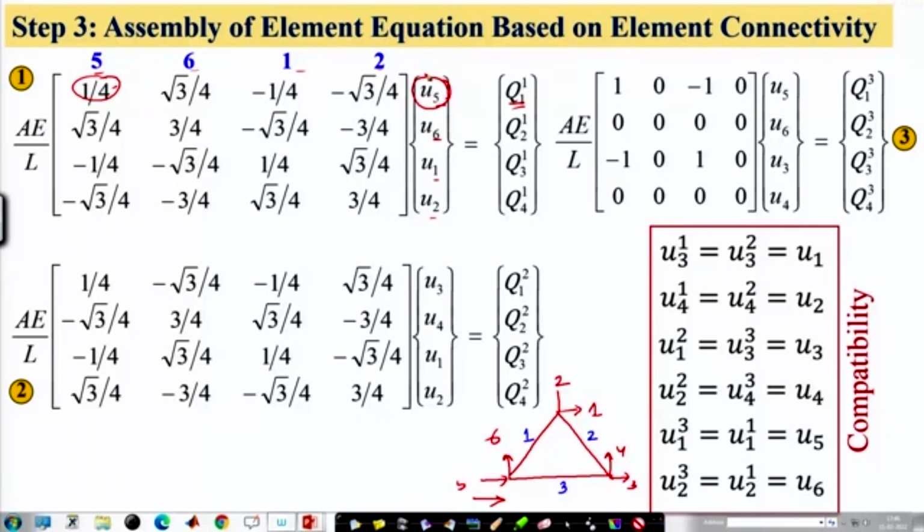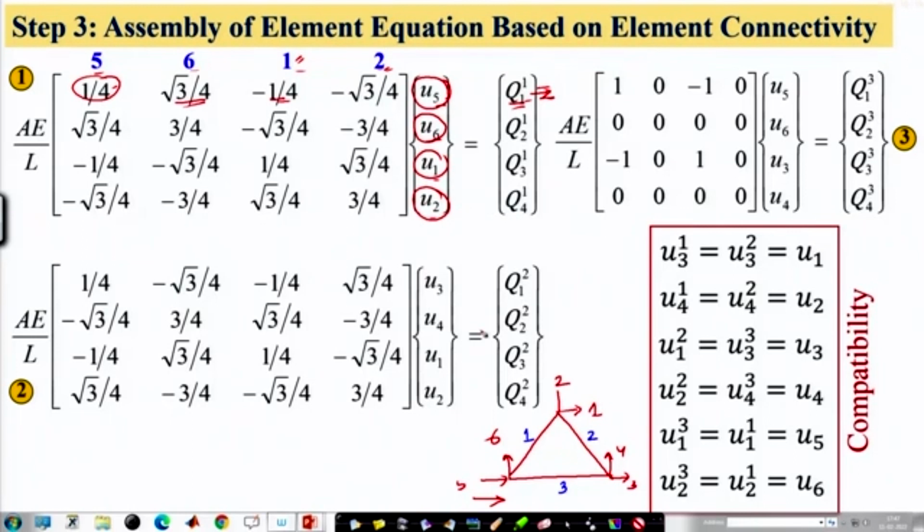This is the degree of freedom 5. Now this gives you the forces in this direction due to the degree of freedom 6. This gives you the forces in this direction due to the degree of freedom 1. That's why it is 1 here. And this gives you the contribution of the forces in this direction due to the degree of freedom U2. That's why 2. So the total force will be the contribution from each component. Similarly, for all other equations, we can write.